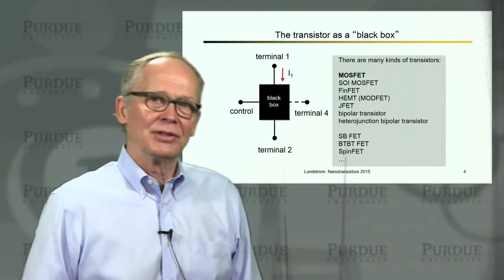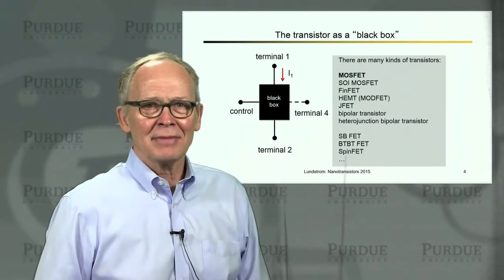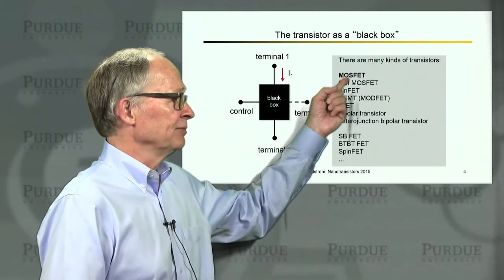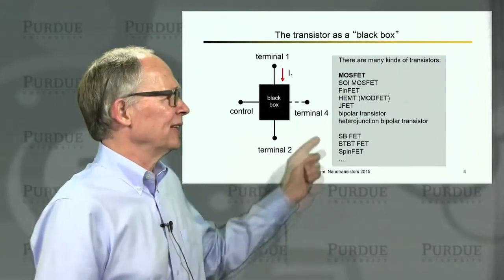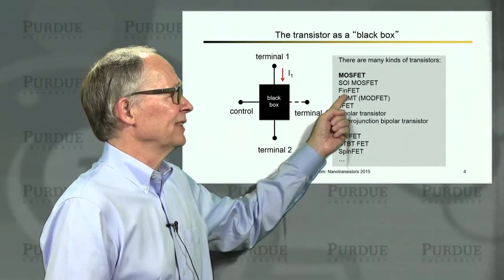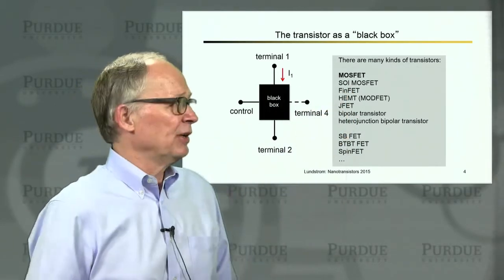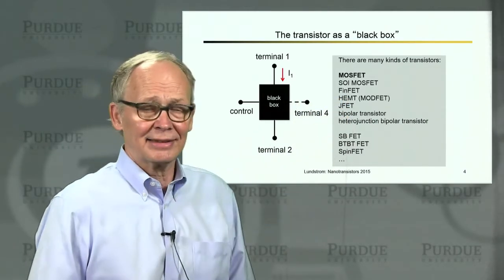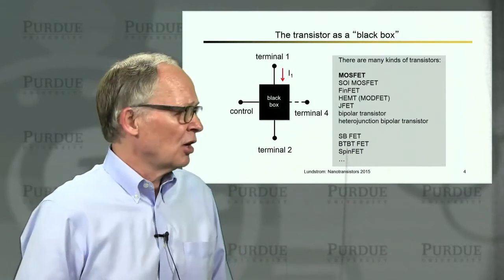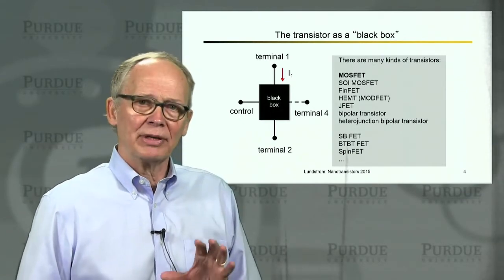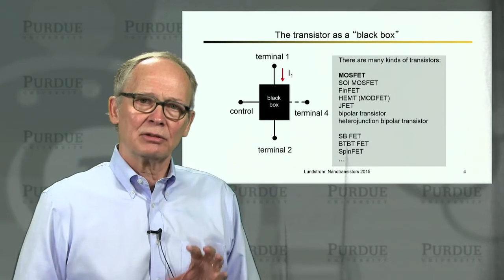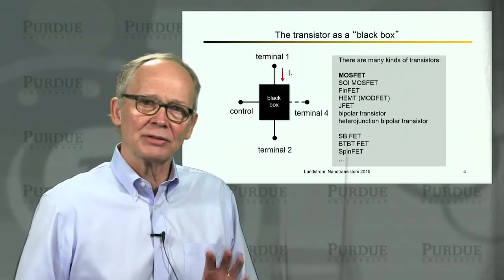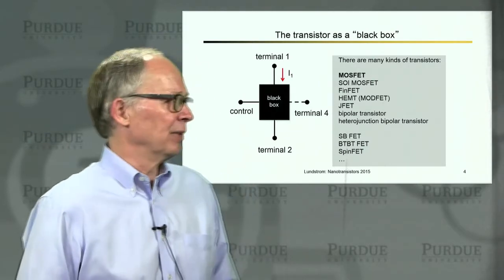Now there are lots of different kinds of transistors. Most of them operate in similar ways. We're going to be focusing on the MOSFET. There are different flavors of MOSFETs, silicon on insulator MOSFETs, FinFETs. There are III-V transistors. I mentioned HEMTs earlier. There are junction field effect transistors. There are bipolar transistors. All of these transistors operate through the same general physical principles that we will be discussing in this course, although we'll spend most of our time on MOSFETs and a little bit of time on HEMTs.